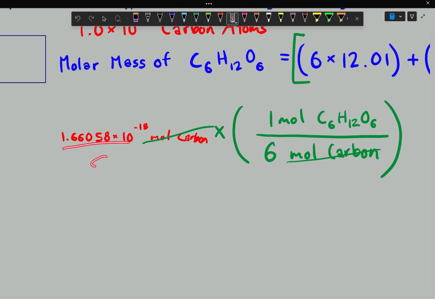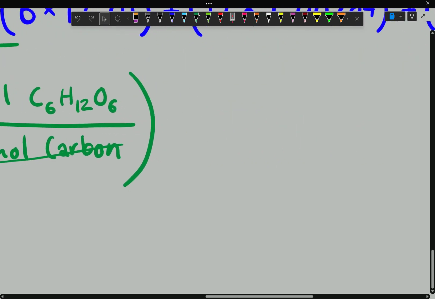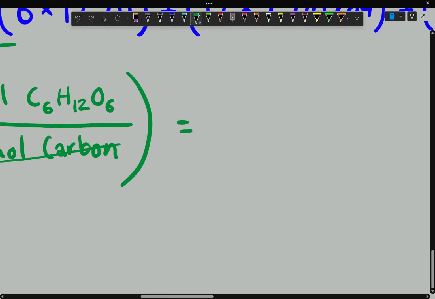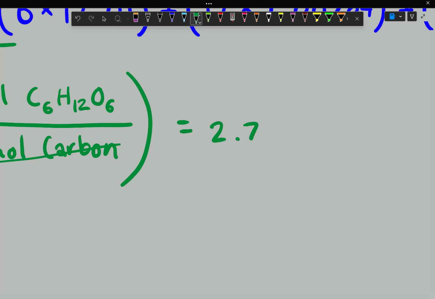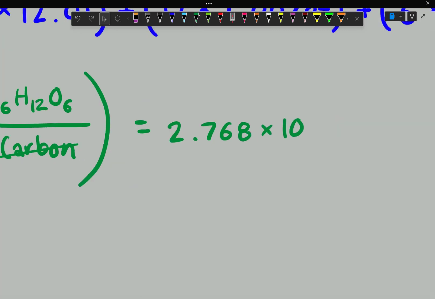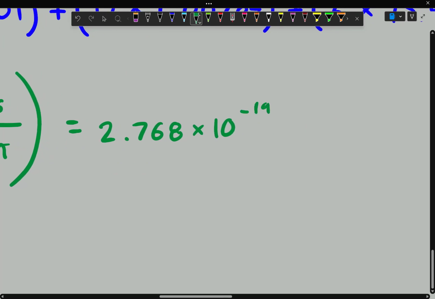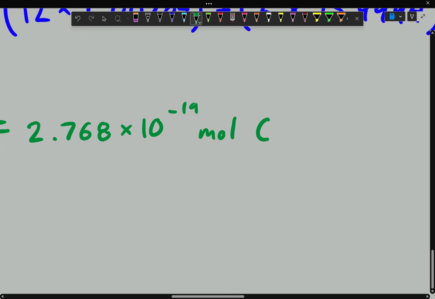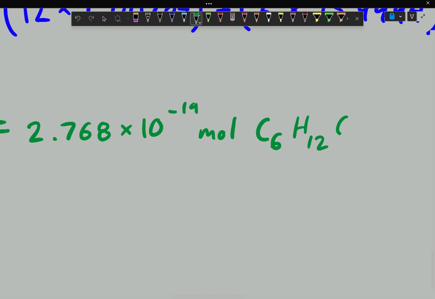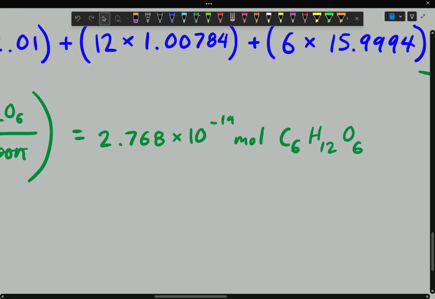So divide this number by 6, and you will be left with 2.768 times 10 to the negative 19 moles of glucose, C6H12O6. So we're almost there.